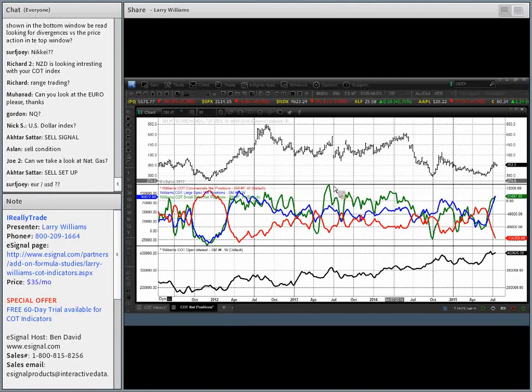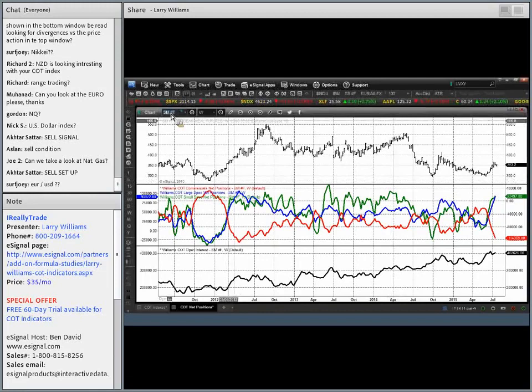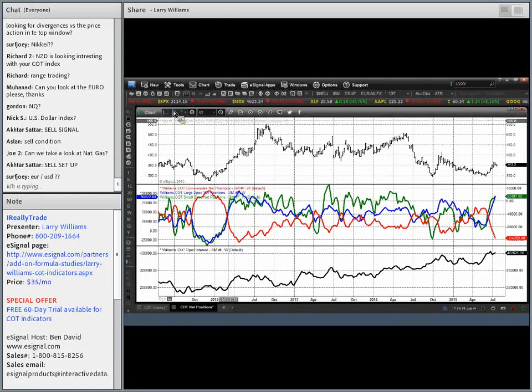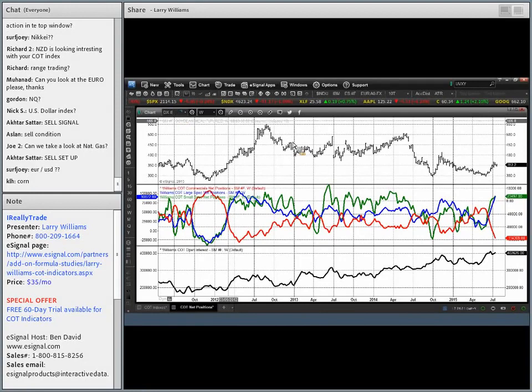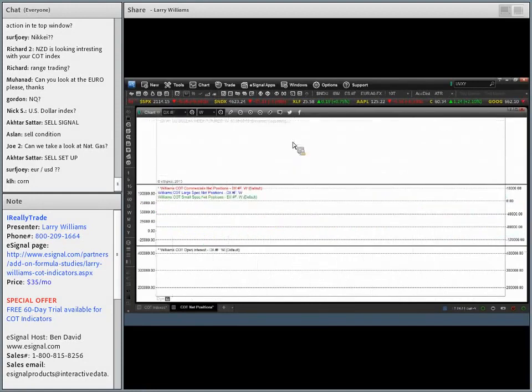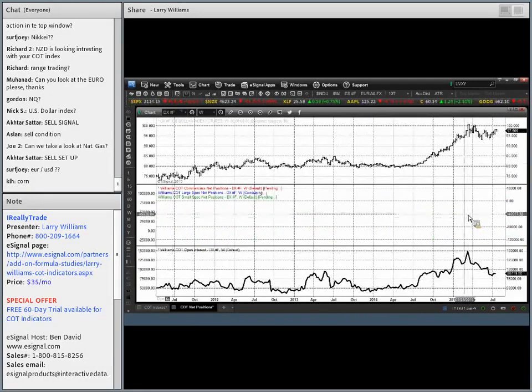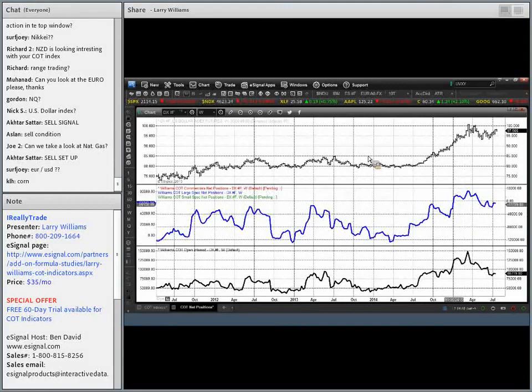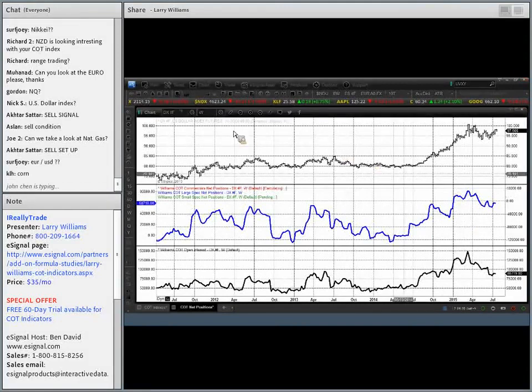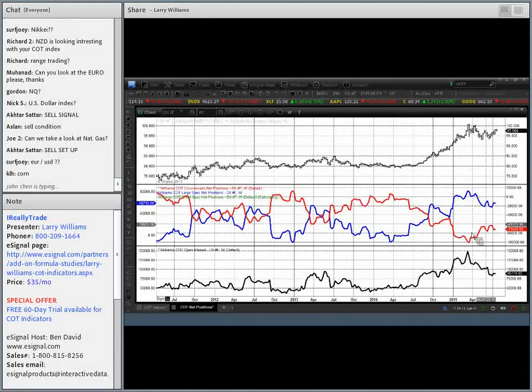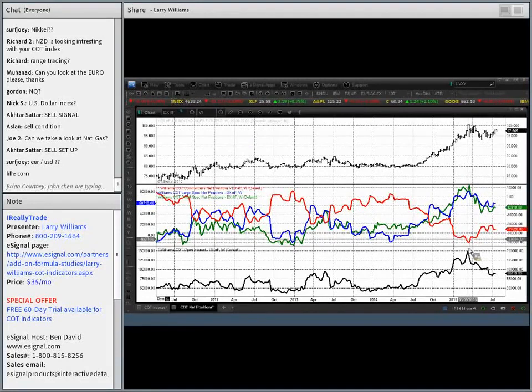Sure, the dollar index. Let's go look at the dollar index. Okay, the dollar index. Gee, this is a really interesting market. You're going to love the lessons here in this market. We've had some really nice buy signals. Look at the sell signal back here when the commercial position was net short, high open interest, right?